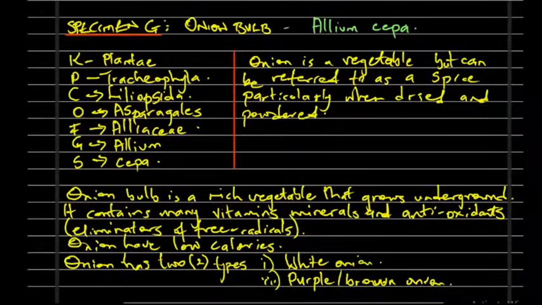The next specimen we have is specimen H. Specimen H is the leaf of Bryophyllum.